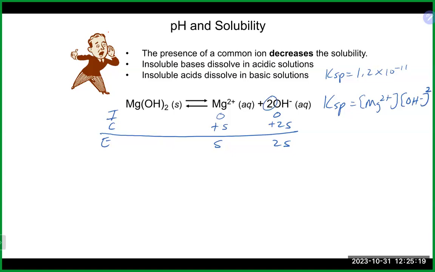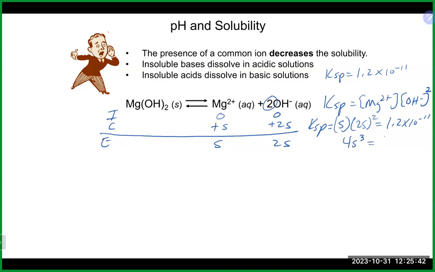Putting our values in, Ksp will equal S times 2S squared, which equals 1.2 times 10 to the minus 11. Combining that gives 4S cubed. Remember, we have to square the 2 as well.